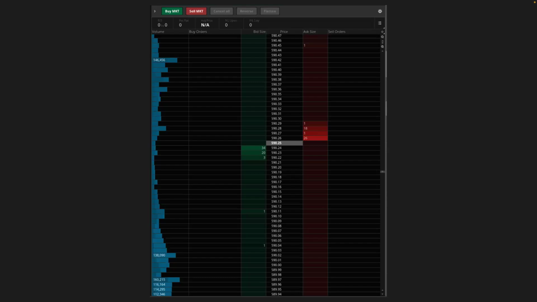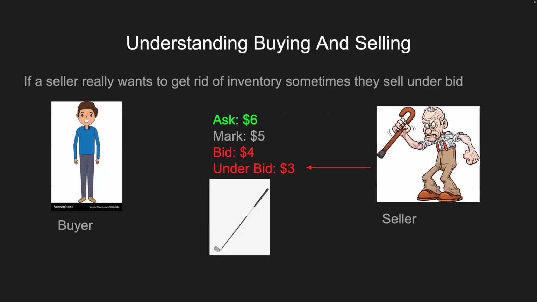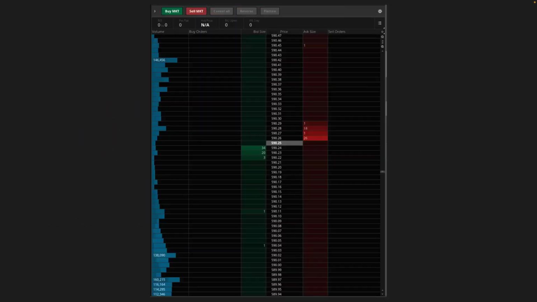Active Trader is a way to place orders on Thinkorswim, and I think this is the easiest representation to move from what we're looking at with the ask, mark, and bid, to what actual stocks look like when we're buying them.